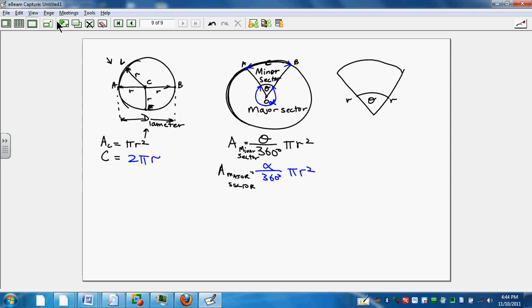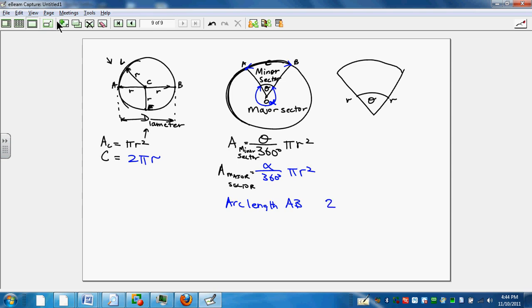So this relation will help us to find the arc lengths, because just like the area, it would be a portion of the circumference if we had to find the arc length. So if we wanted to find the arc length AB, what would we say? We would say that is a portion of the entire circumference of this big circle. So you write down what the circumference of the big circle will be.